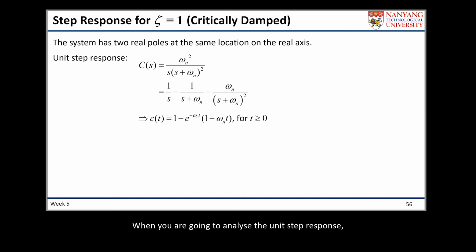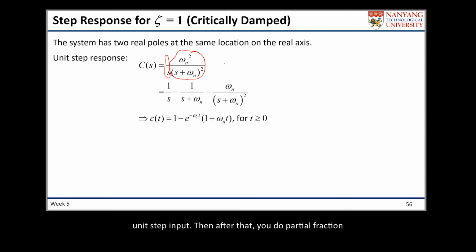When you are going to analyze the unit step response, what do you do? You multiply again the transfer function. Now the transfer function looks like this, right? After you factorize the denominator of the transfer function, we multiply it by 1 over s, because 1 over s is the unit step input.